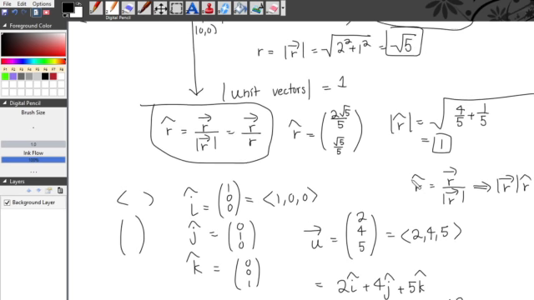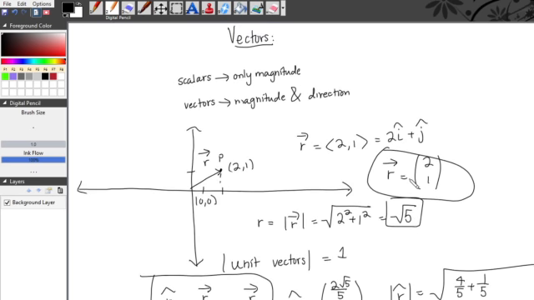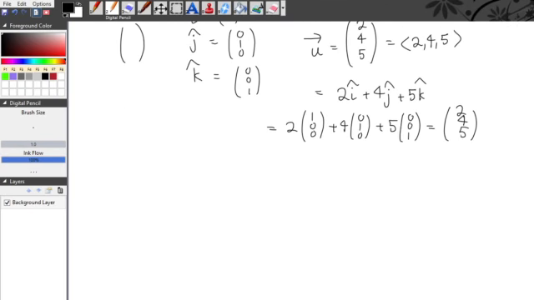Okay, so now let us talk about some of the properties of vectors. So vectors, how they add is actually kind of similar to scalars. Okay, first of all, vector addition, like scalar addition, is commutative.